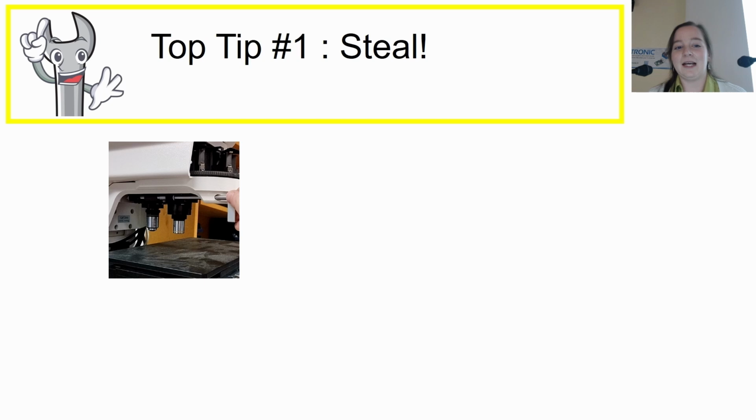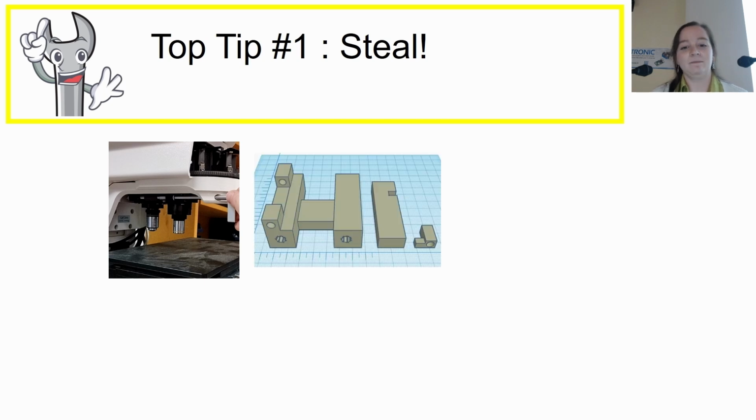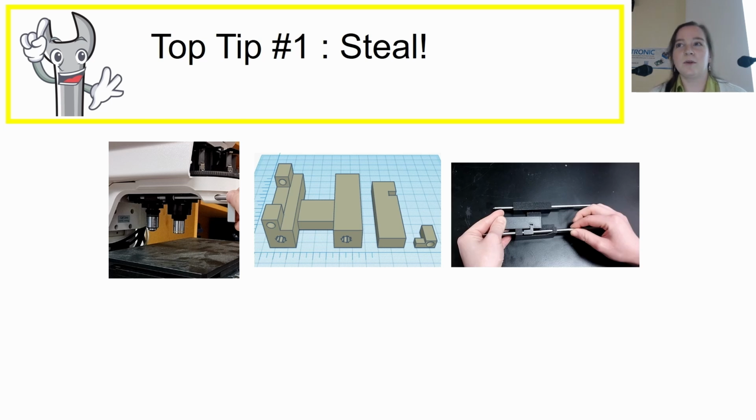So I look around the lab and I see, for example, old microscopes lying around. I try to replicate these mechanisms. When I was looking for a filter slider, because this is going to be a fluorescence microscope, I needed to make a way of moving the fluorescence filter in and out. So I would look at old microscopes and say, oh, this has a nice objective changer.